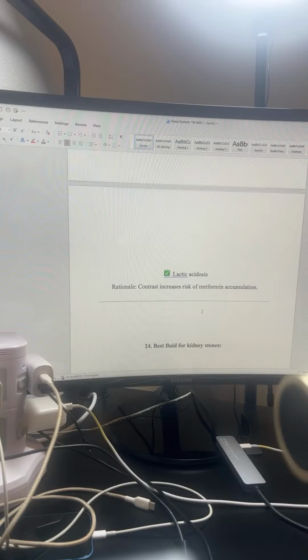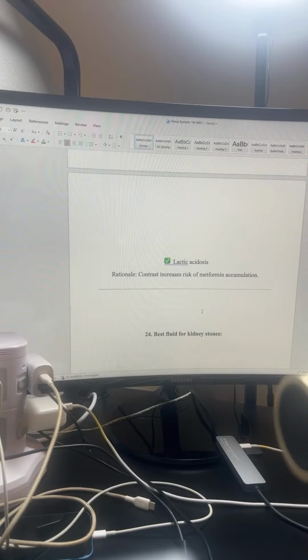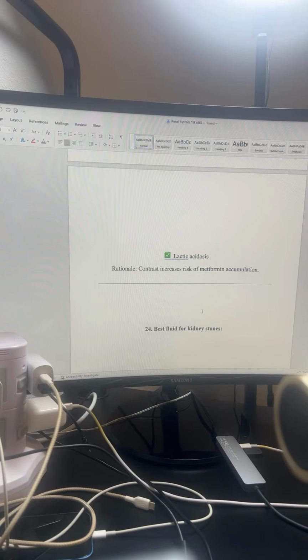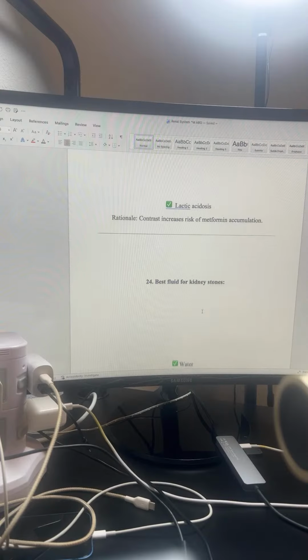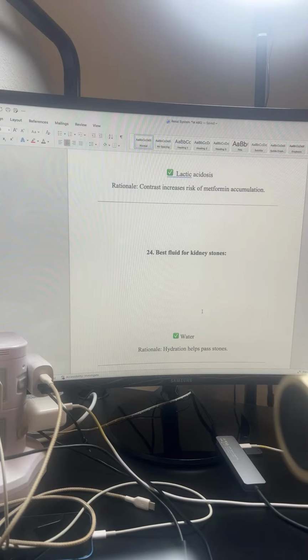What is the best fluid for kidney stones? Okay. So hydration.